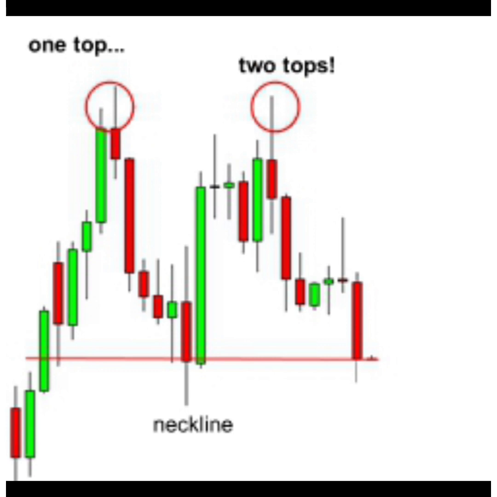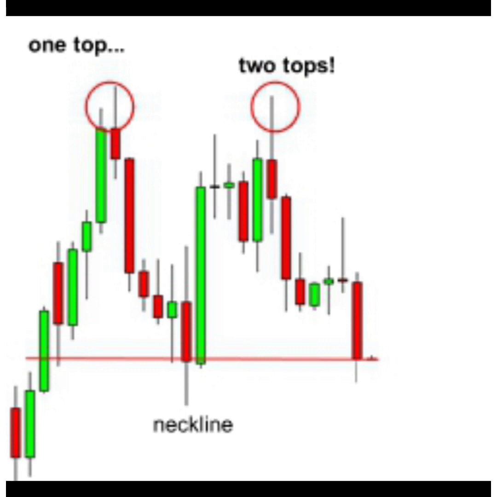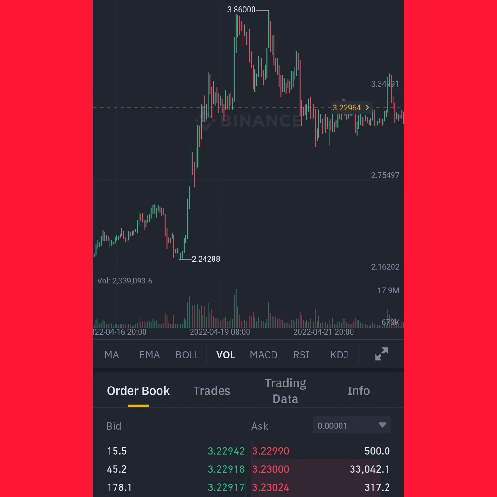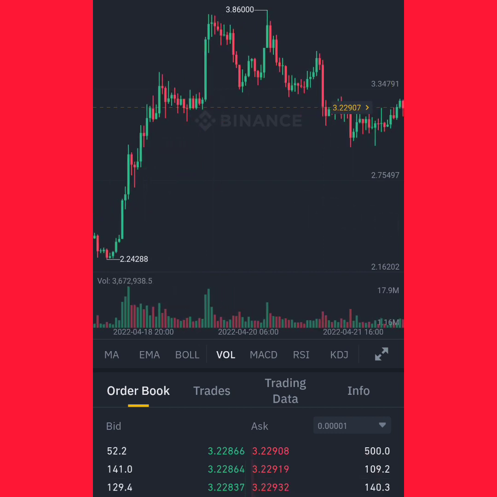So you can see there's a rejection at 2 points, here and here. I'm going to show you a live demonstration right now on the Binance chart so you see clearly for yourself what a double top looks like. Now you can see right here on GMT BUSD, this is a beautiful pair, and we have a double top right here.